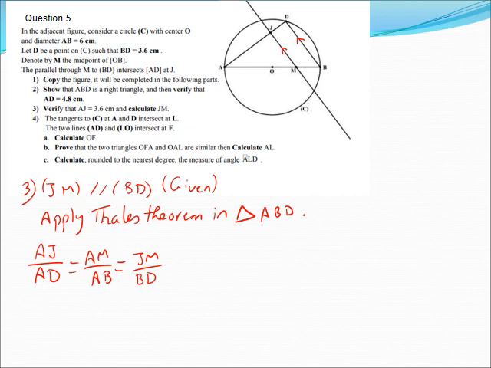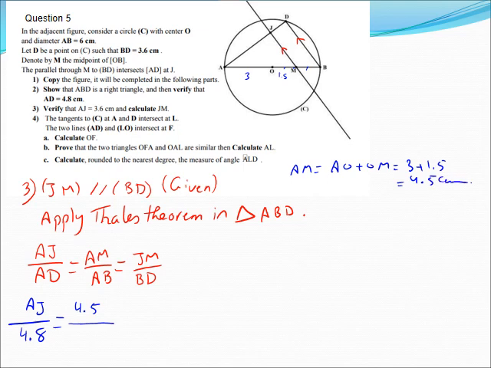AJ is unknown, AD is 4.8, AM equals AO plus OM equals 3 plus 1.5 equals 4.5 centimeters. AB is 6, JM over BD 3.6.